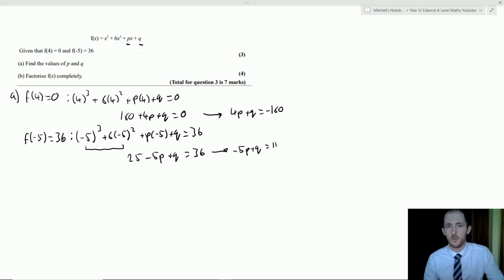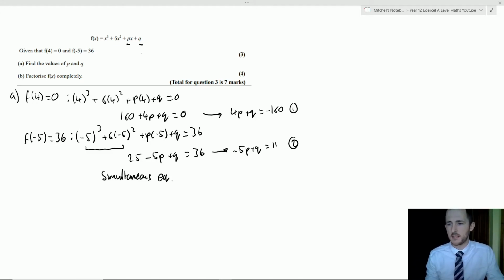So we can do simultaneous equations. Okay, so if you ever hear two unknowns and two equations, it's always simultaneous. Okay, so we can label these 1 and 2, and I can do something with 1 and 2 to make one of the unknowns disappear.